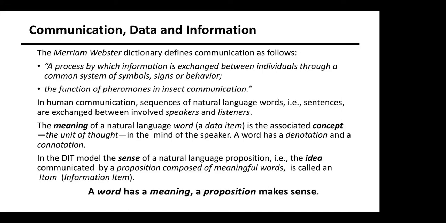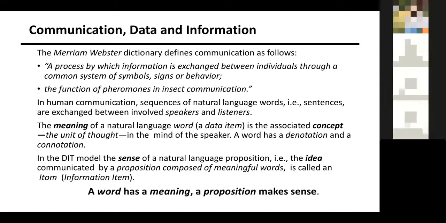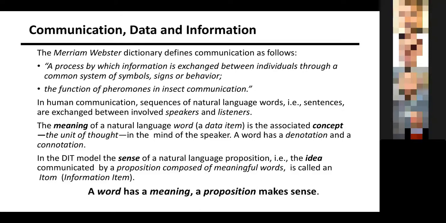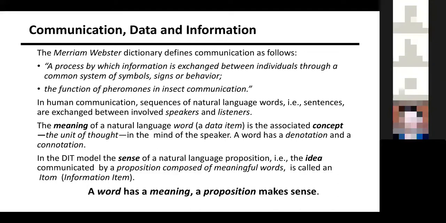I mean, if I say, this person is, I don't know, 25 centimeters high, this is a sentence, and the words are understood, and this makes a proposition, as I call it, and the proposition makes sense, and the sense, so to speak, is the meaning which I assign to such a sentence. So the first insight, we capture: a word has meaning, but the proposition is needed to make sense, to give you information.